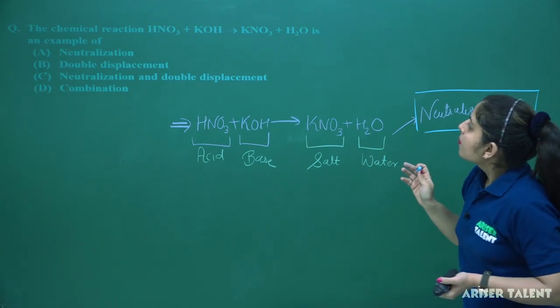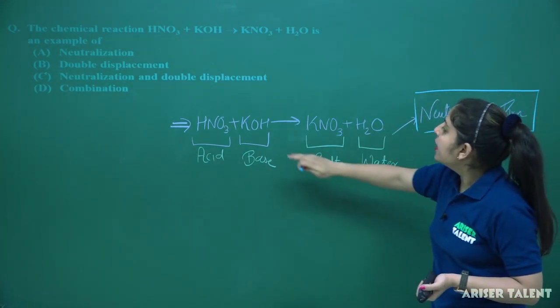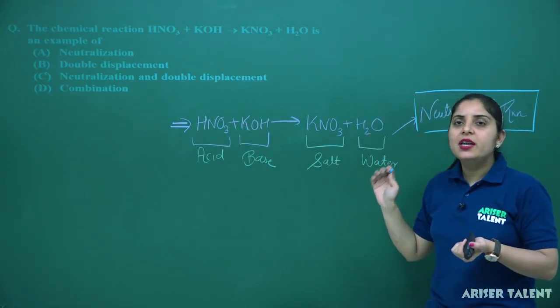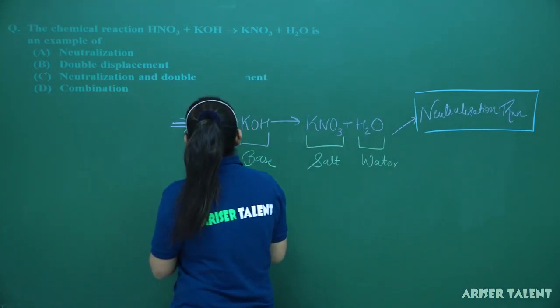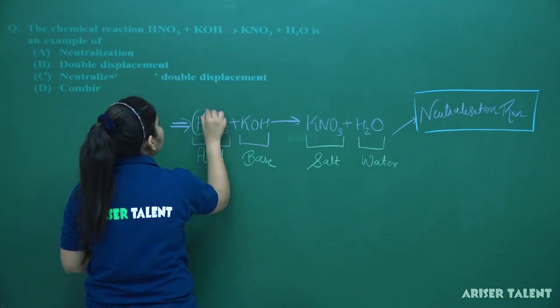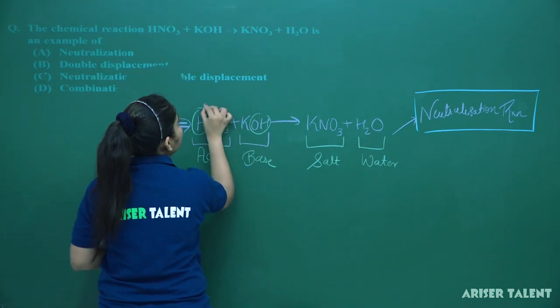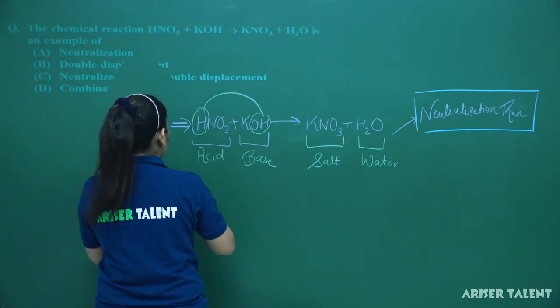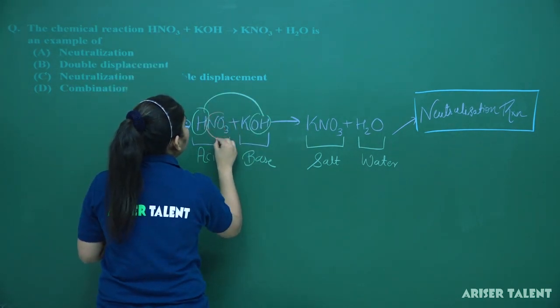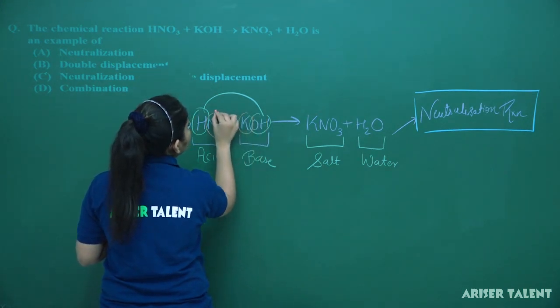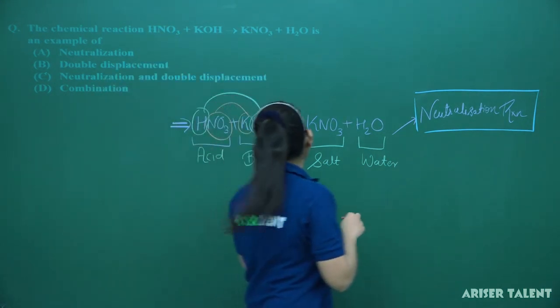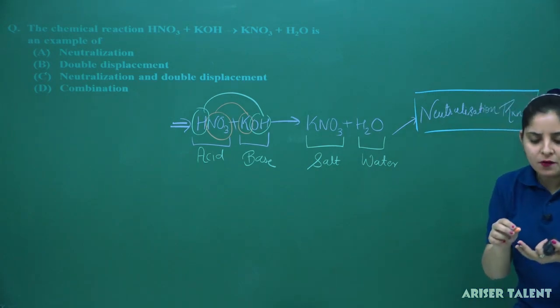Now what happens in this case? K reacts with NO3 and OH reacts with H to form H2O. It means there is a mutual exchange between two kinds of atoms. H will form a compound with OH and NO3 gets combined with K. It means there is a mutual exchange between the two kinds of elements here.